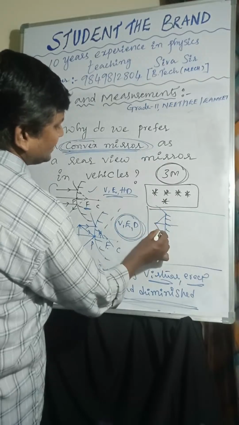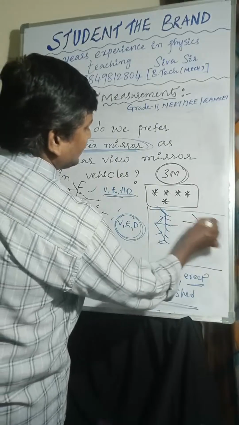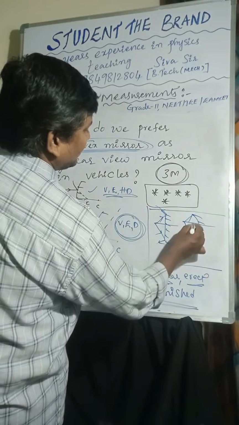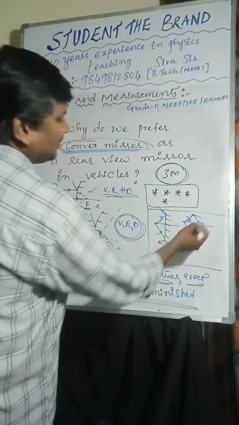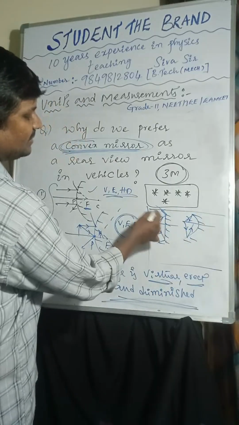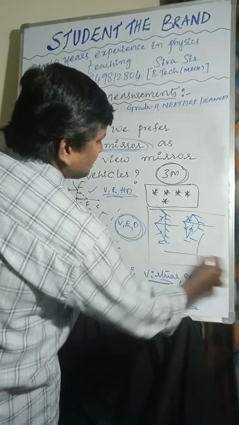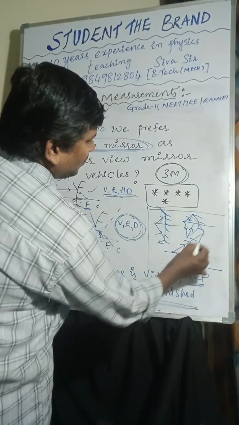The region between the two extreme light rays is called the field of view. With a concave mirror also, it is the region between the extreme reflected light rays. The object can be seen only within this region, whereas with a convex mirror we can see this much, so more field of view.